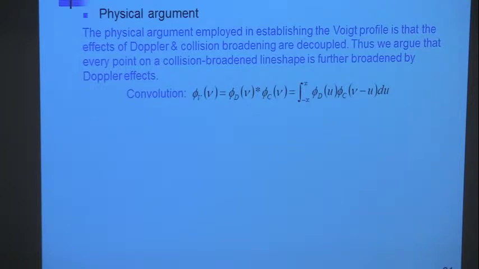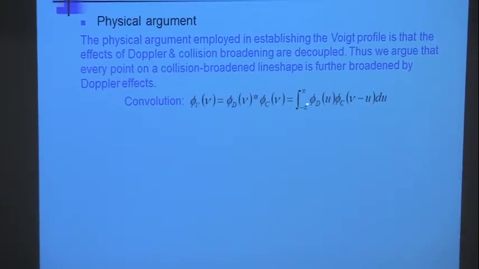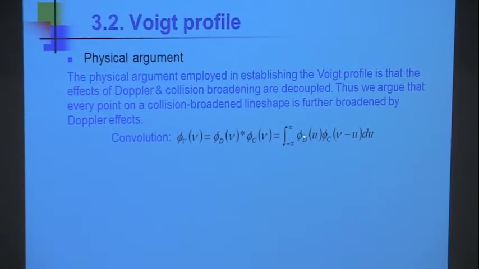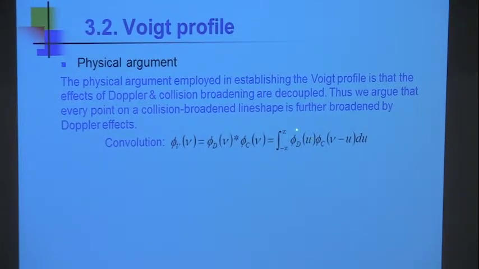Now, you can argue that the convolved line shape function depends upon the collision value and the Doppler value for u, times the integral over frequency space, u. Velocity space, excuse me, Doppler space. So basically, at a given value of nu, I have to integrate over the possible values of u, keeping in mind the difference between nu and u.